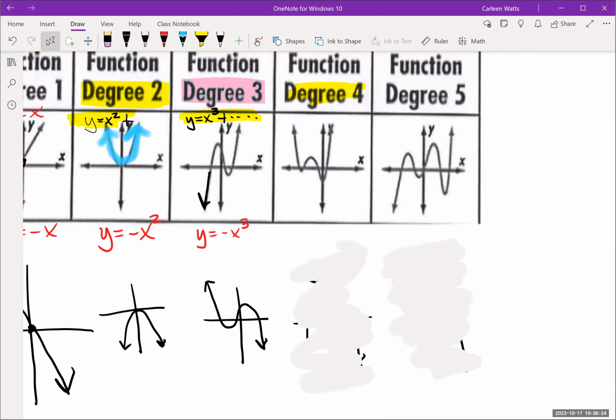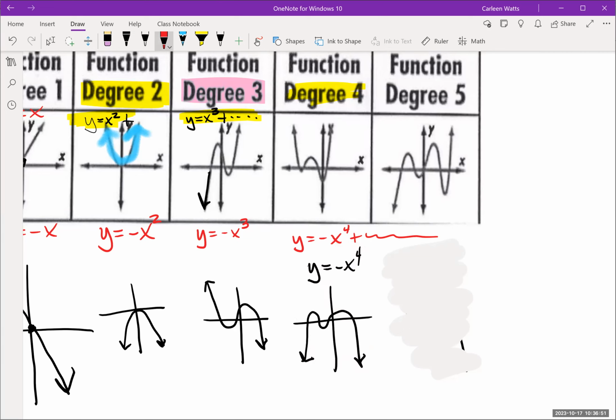If I put a negative in front of the leading term, now this could be plus a lot of other terms, right? When it's positive, I have both arms up. If I put a negative in front, what's going to happen to the graph? Both arms down, right?